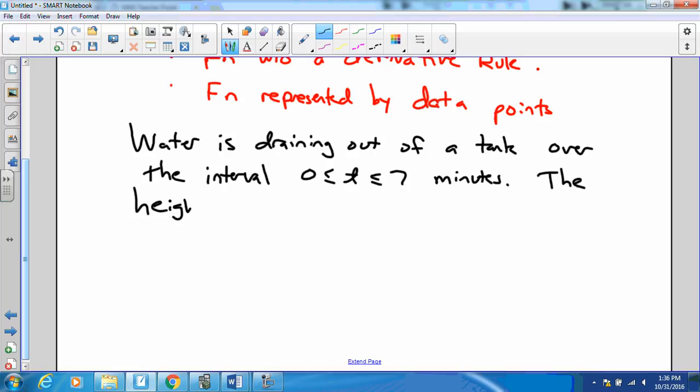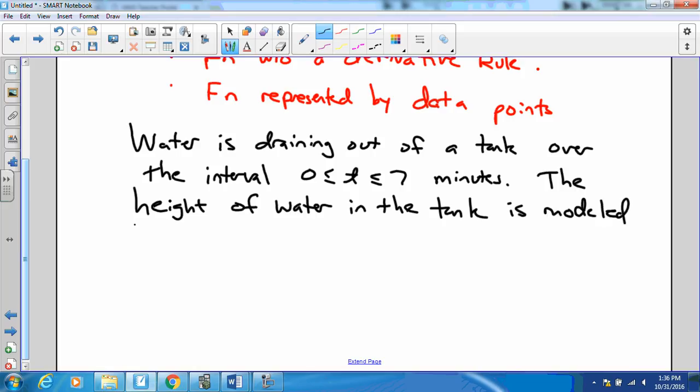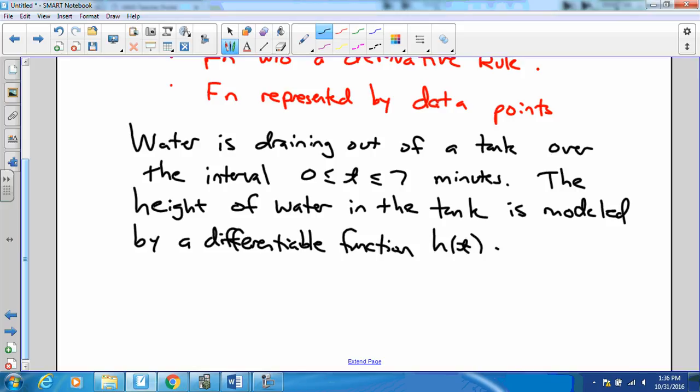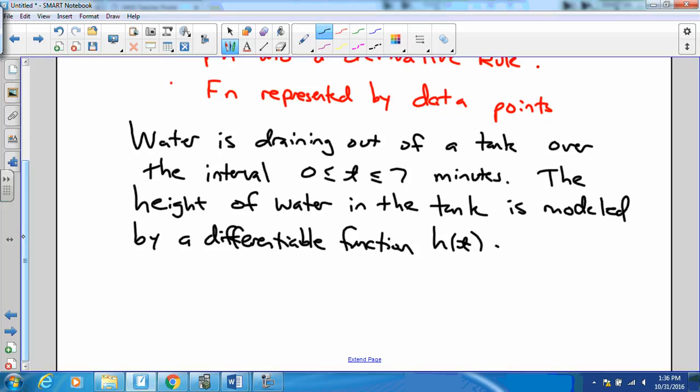And the height of water in the tank is modeled by a differentiable function h of t.